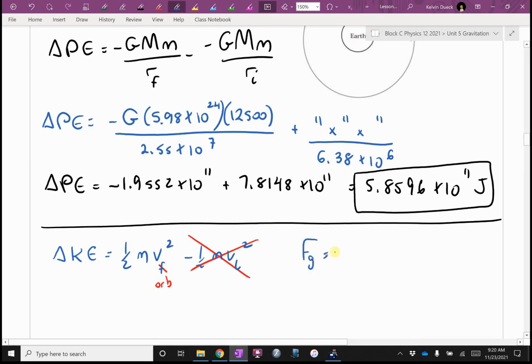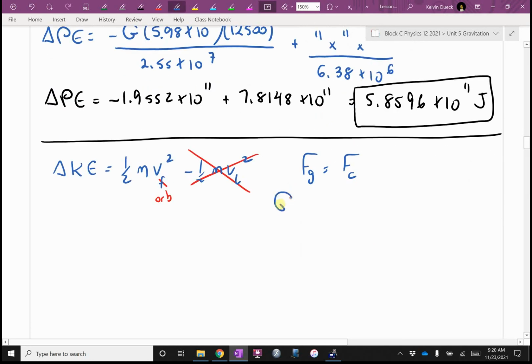Gravity is what's pulling me in a circle. I can find the orbital speed. Big G, big M, little m over r squared equals m, and since I want speed, I'll use v squared over r.